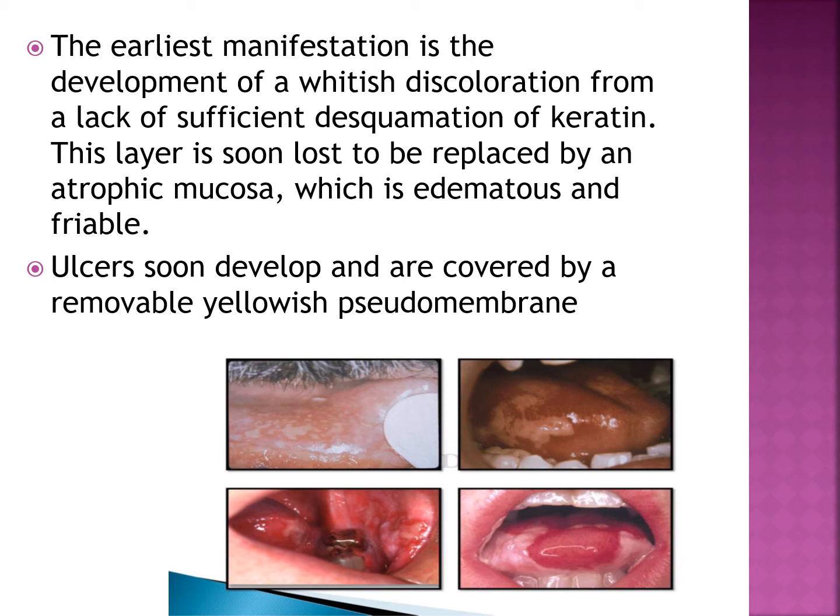This layer is soon lost to be replaced by atrophic mucosa, which is edematous and friable. Ulcers soon develop and are covered by a removable yellowish pseudomembrane. Now the pictures show the effect on the mucosa.